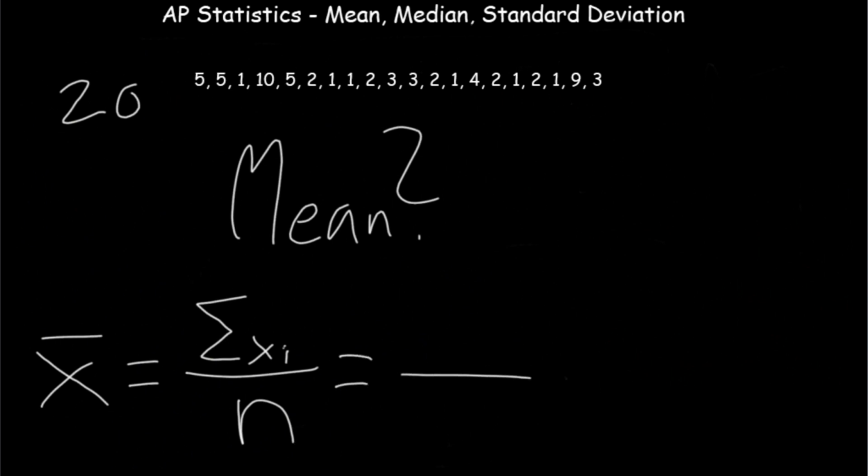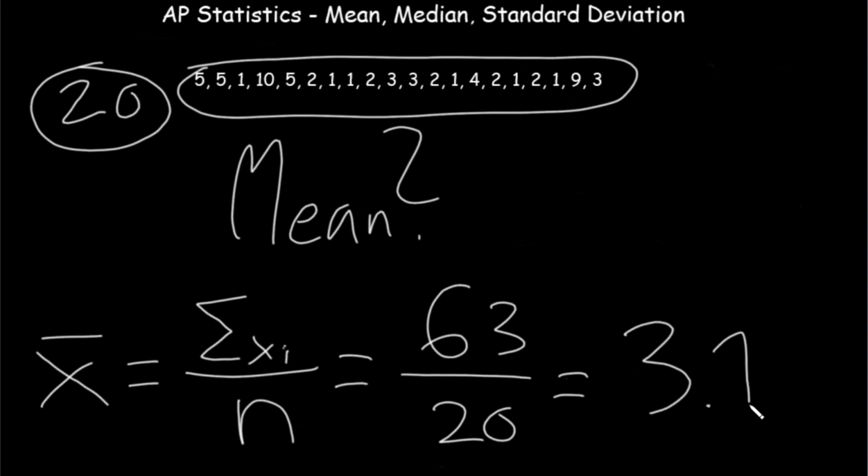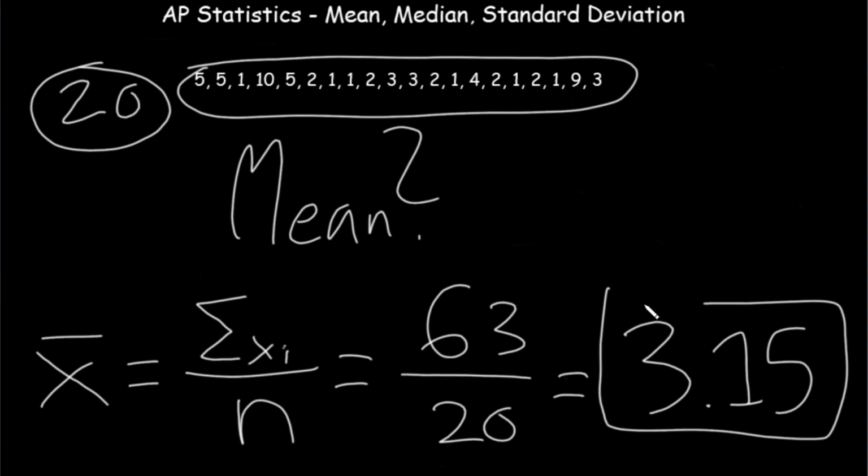Well, we know that n equals 20 because we have 20 games total. But now we have to find the sum of all the values. So we add all these values together, and when you do that, you get 63. Then you have to divide 63 by 20, and you would end up with a mean or average of 3.15 goals in all 20 of these games. And that is how you calculate the mean with distributions.